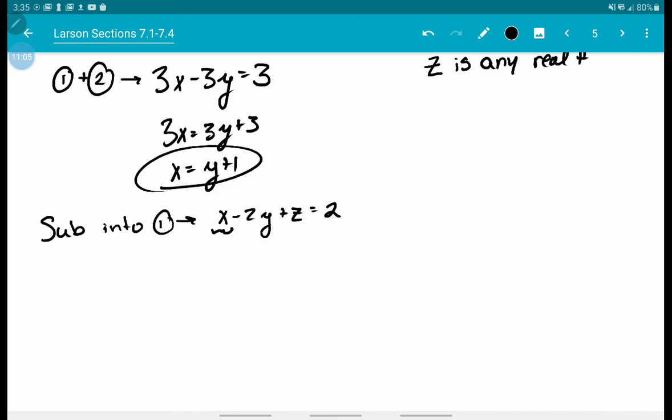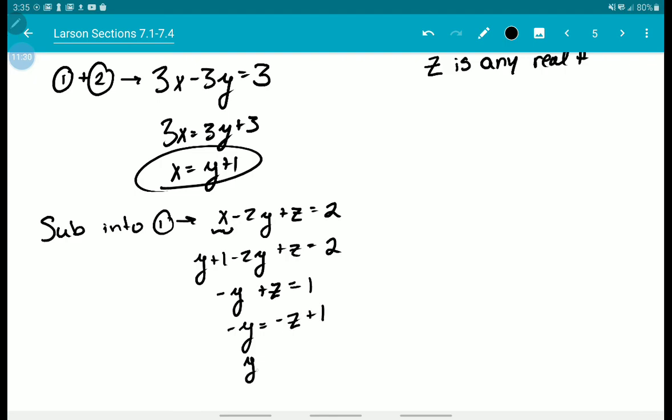If we substitute in for that x, we get this. Then if we combine like terms, we have negative y plus z is equal to 1, just by moving that 1 over. So negative y is equal to negative z plus 1, or y is equal to z minus 1.